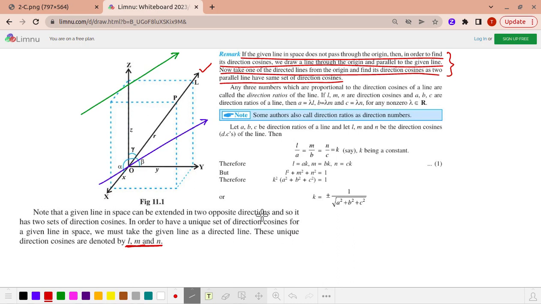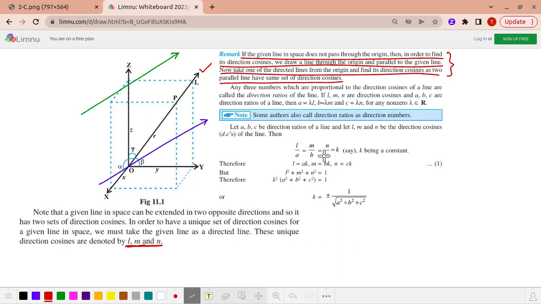That is the definition. Now, any three numbers which are proportional to the direction cosines of a line are called the direction ratios. What is that?